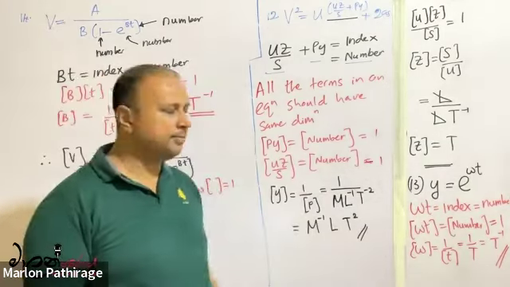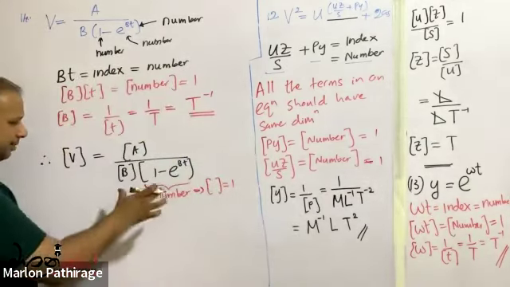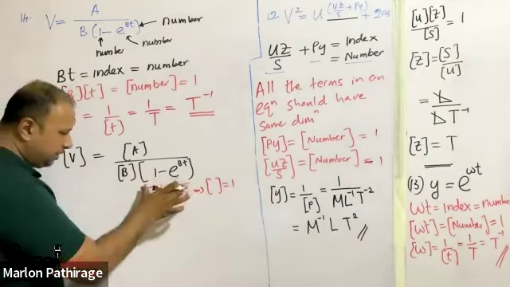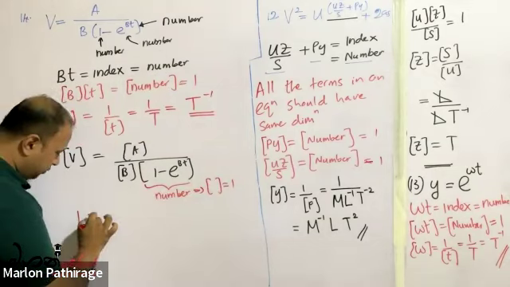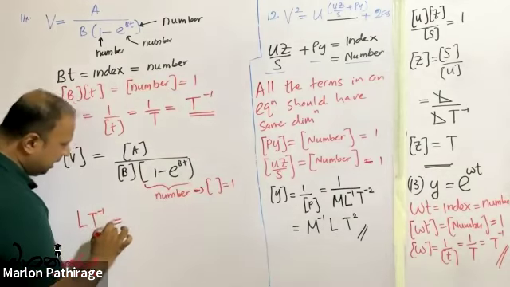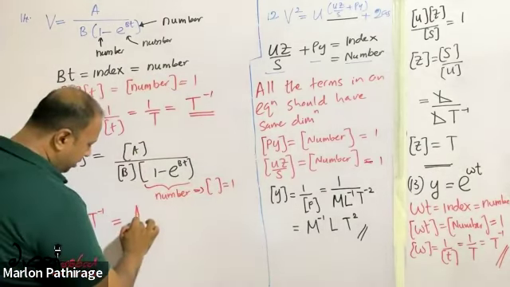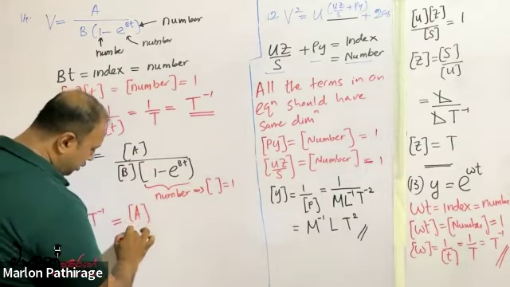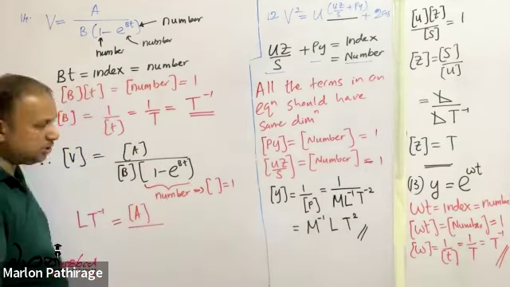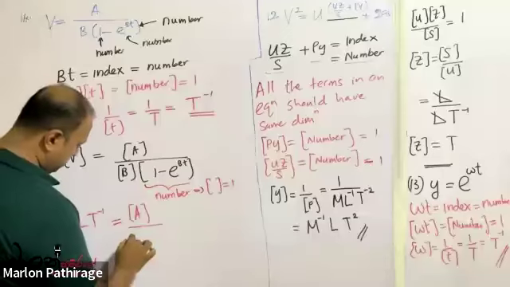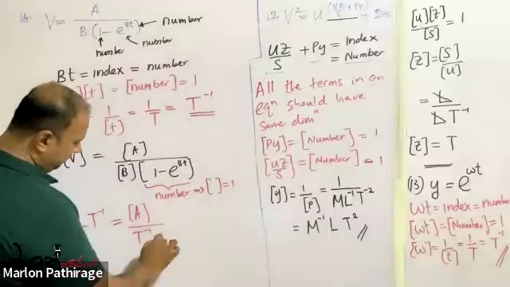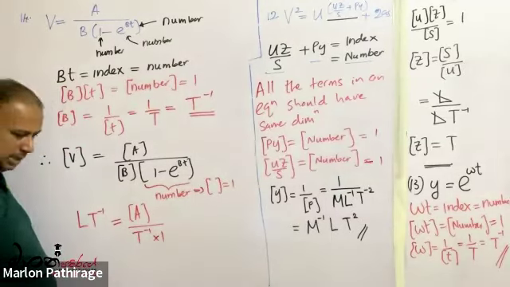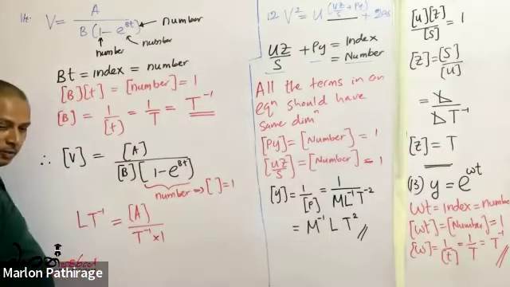Dimension of v means LT minus 1 is equal to dimension of a over dimension of b, and b means T minus 1. Therefore, you can cross multiply here.